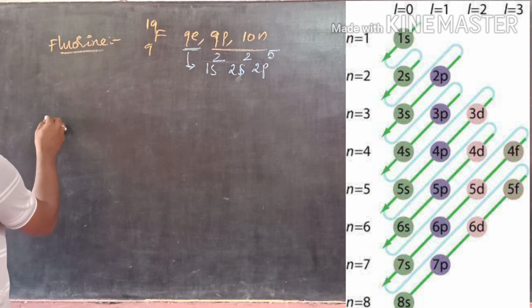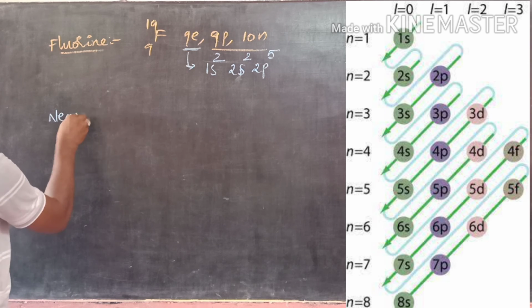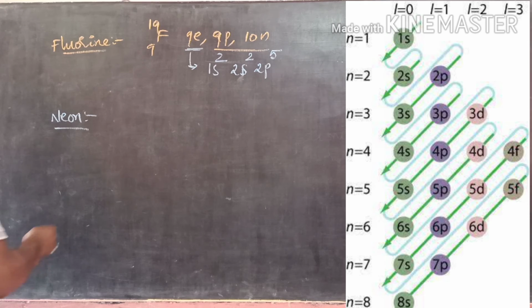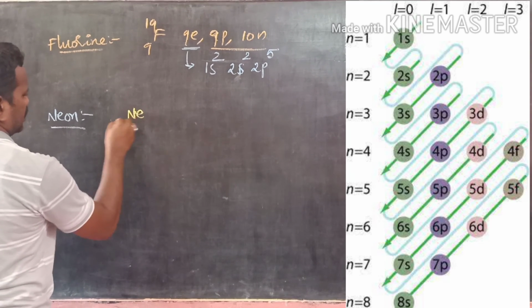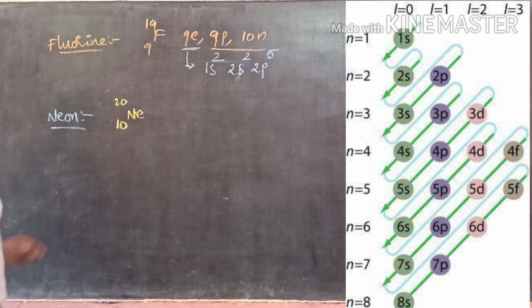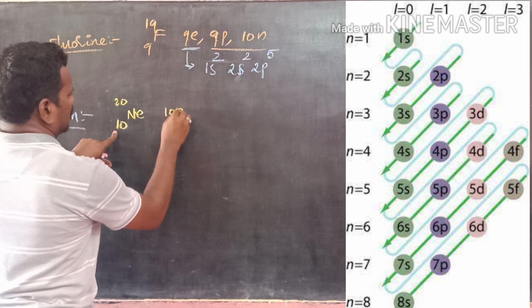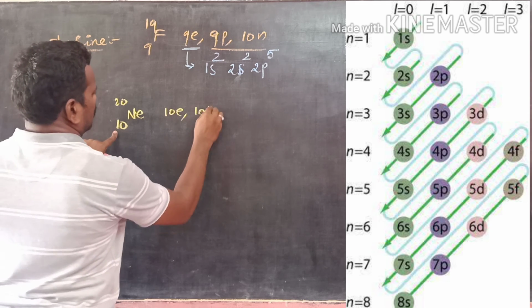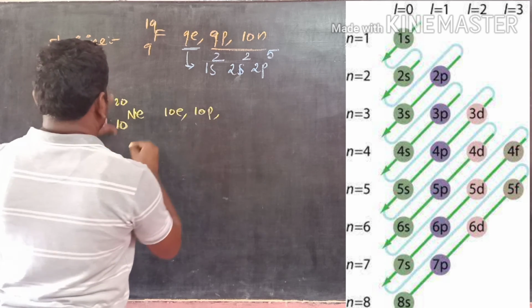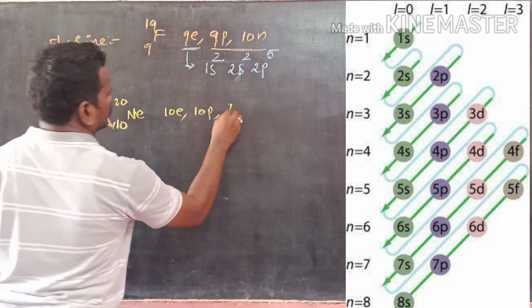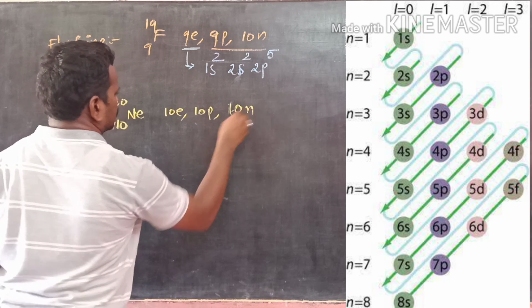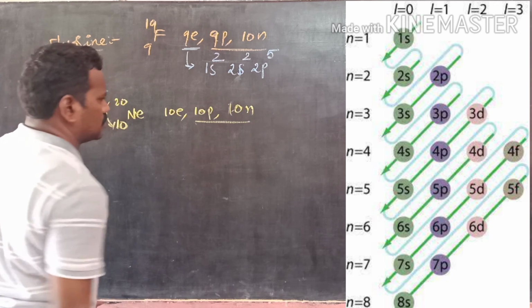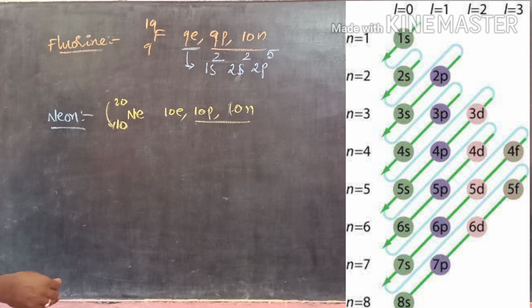The next element is neon. Its representation is Ne-20 with atomic number 10. This means it contains 10 electrons, 10 protons and 20 minus 10, that is 10 neutrons. These 10 protons and 10 neutrons are there inside the nucleus.